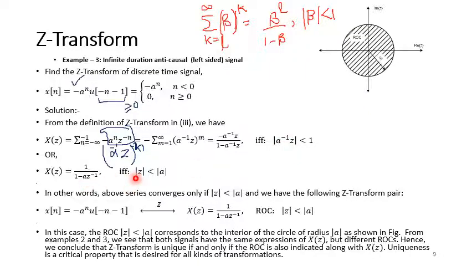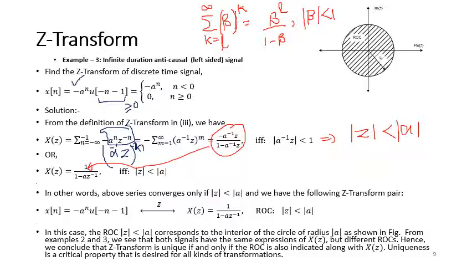So the region of convergence, a to the power minus 1, if I bring it to this side, z absolute should be less than absolute of a. Or I can also write this expression in this format.